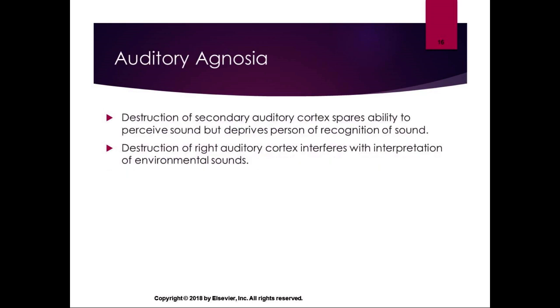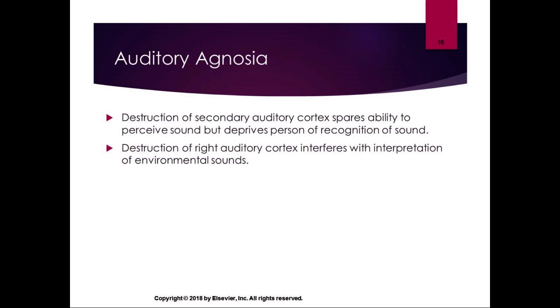Auditory agnosia is caused by the destruction of the secondary auditory cortex. You can still perceive sound, but you can't recognize what it is. So if you get destruction of the right auditory cortex, it interferes with interpretation of environmental sounds, of what's going on around you.